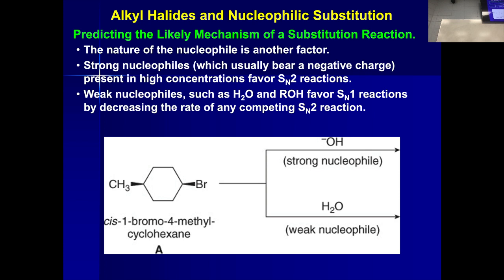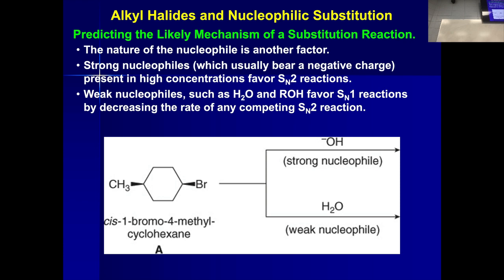What do you think is going to happen with the water as the nucleophile? It says here that weak nucleophiles tend to favor SN1 reactions. So what's going to happen now? What's the difference? It's 2 steps. It means I got a, what kind of intermediate?